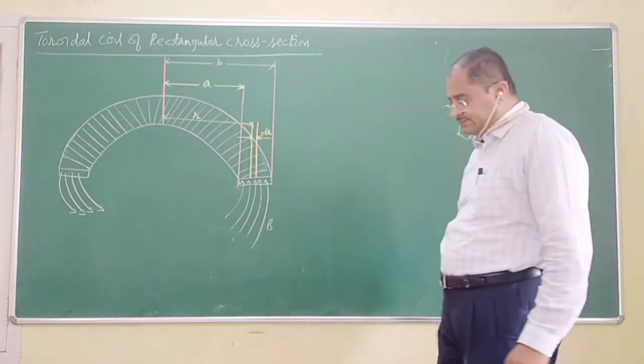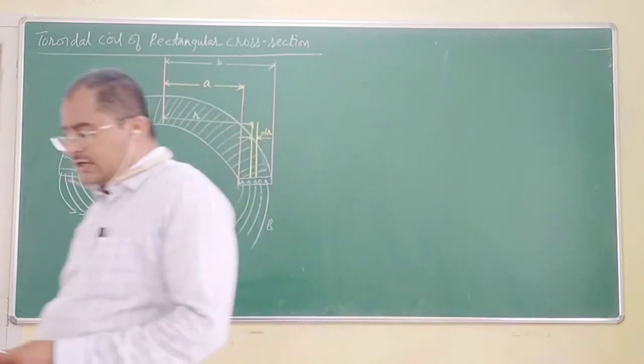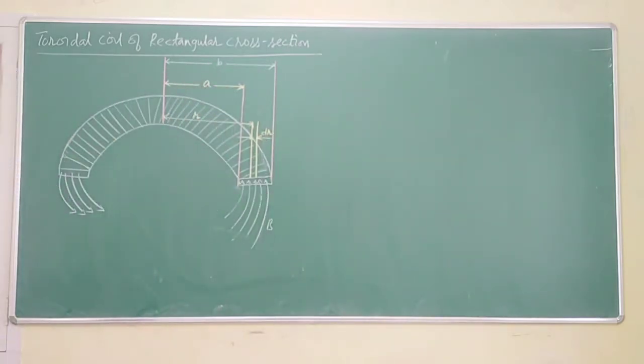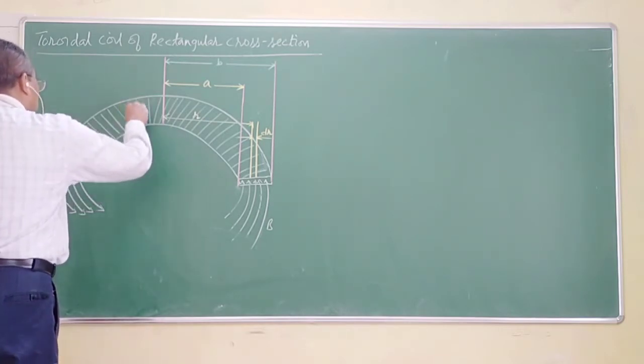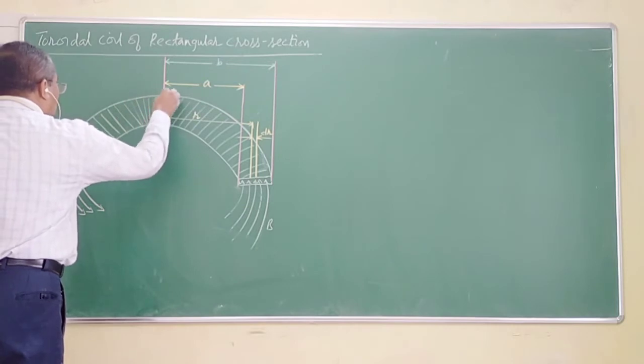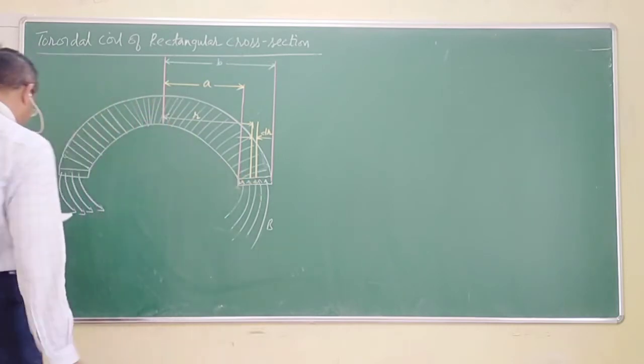In the figure, I have shown you a toroidal coil of rectangular cross section.